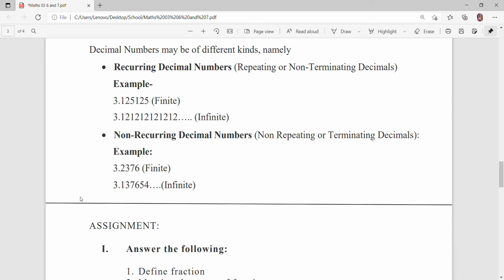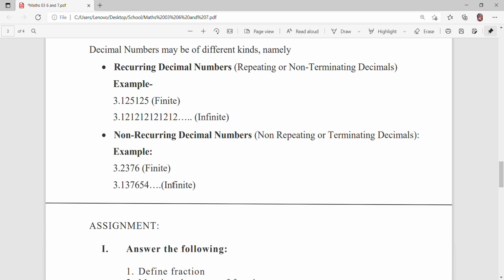As usual, the second example, 3.137654. This is infinite. Since there is a point, we can write another number or digit. If we keep dividing, more digits will come, so we write the dots. Here also, after the decimal point, no number is repeated. So this is known as a non-recurring decimal number.